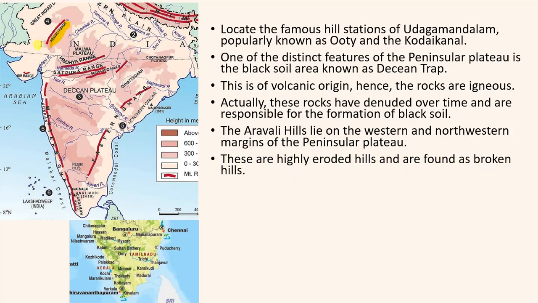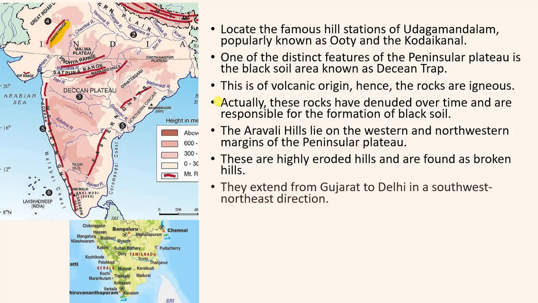These are not uniform. The hills are in many places broken, or you can say eroded by weathering agents, so they are not looking uniform. They extend from Gujarat to Delhi, means their extent is from Gujarat to the Delhi region.